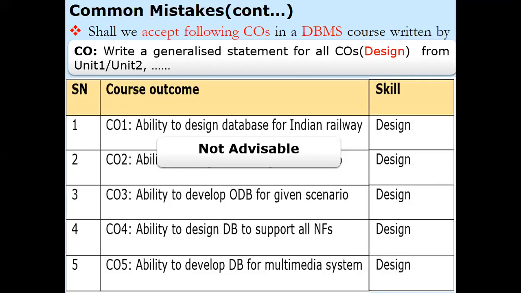I already told you that MBA will expect at least 2 POs to be mapped. Unfortunately, you have mapped only PO3, but at least 2 POs have to be mapped.